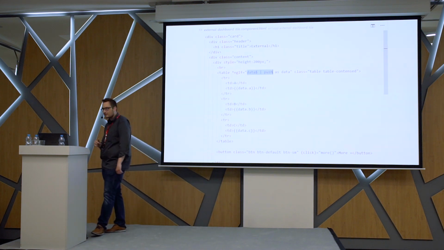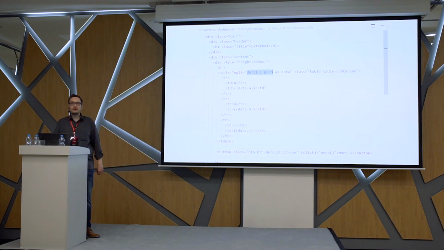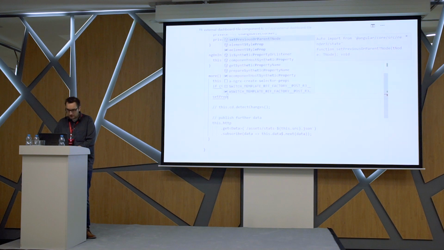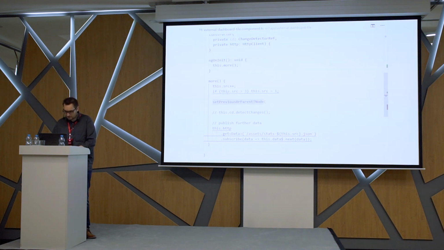There are even further ideas that allow us to get rid of zone.js. One additional idea is that each and every component should get, or could get, a setProperty function. Let me write it into comments. Set property.